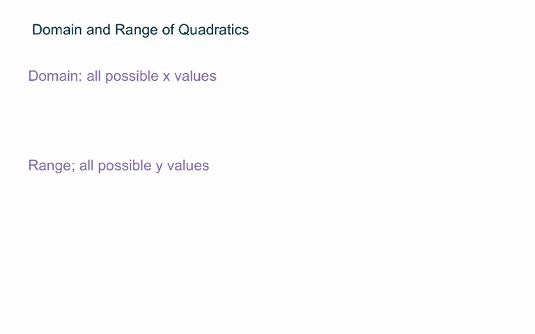So when you're first introduced to the idea of domain, you might be told domain is the x's. And while that is broadly true, it's also incredibly vague, and it doesn't translate well into anything more abstract. This is the kind of problem that you've probably done, and we've done in this class as well.